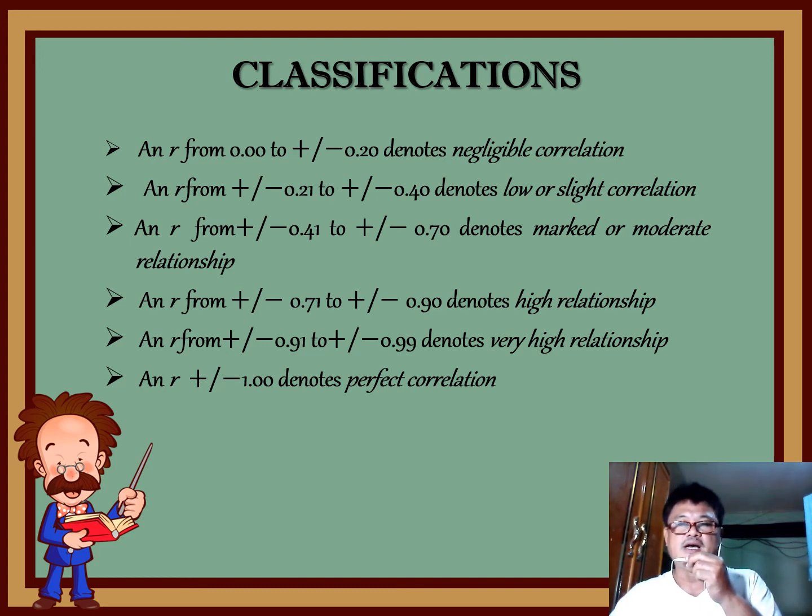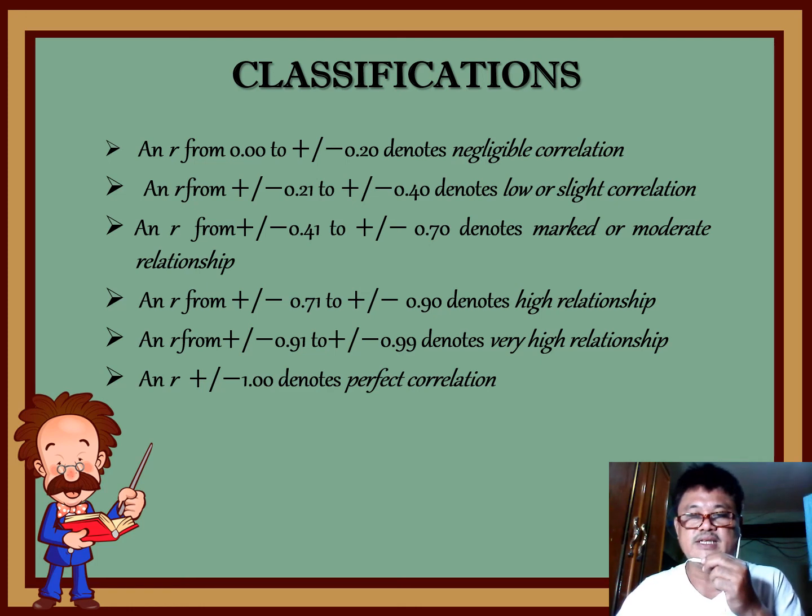Therefore, you can say now that the test that you have given is highly reliable, based on the result of your correlation, for which you made use of the Spearman rank correlation coefficient.